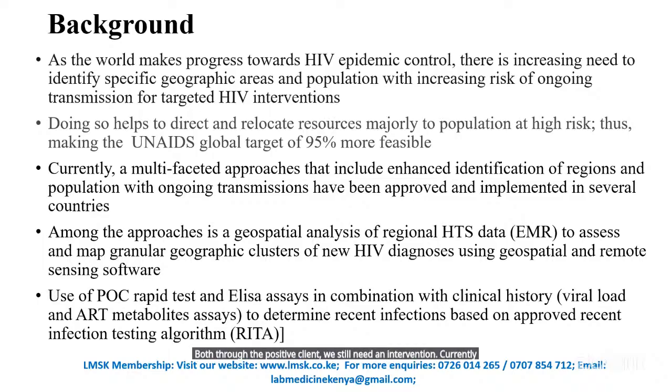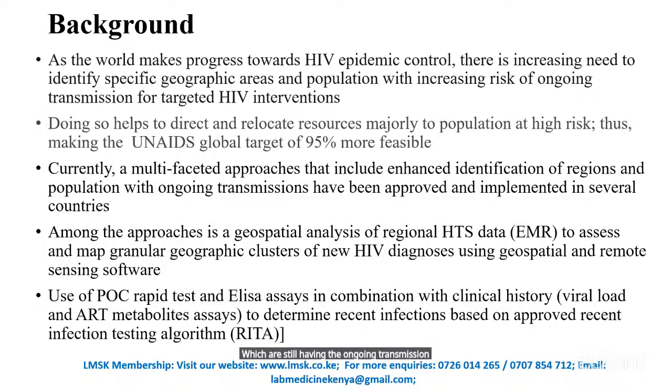Currently, multi-faceted approaches that include enhanced identification of regions and populations with ongoing transmission have been approved and implemented in several countries. So when we're talking about the global, we are checking which are the areas which are still having ongoing transmission.